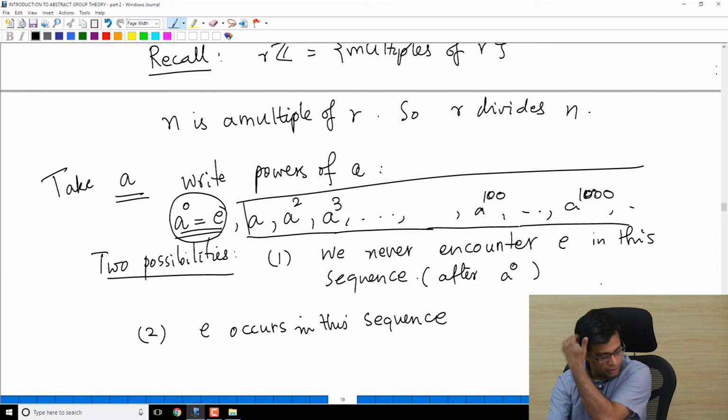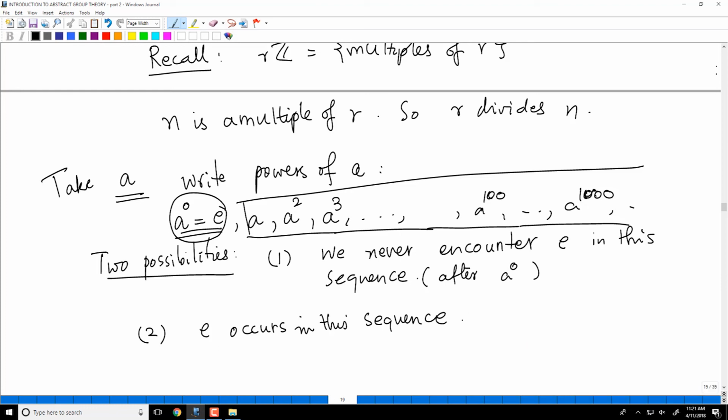If E doesn't appear, they are all distinct and the group in particular must be infinite. Or E occurs in this sequence and the order of A is the first place where E occurs. I keep looking at A squared, A cubed, A power 4, A power 5 and so on, and the first time I see E, if it's A power R, then R is the order of A.